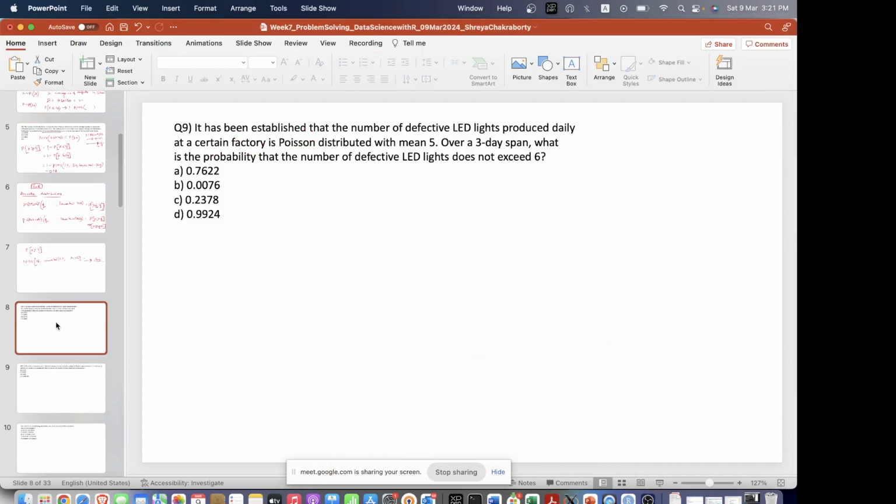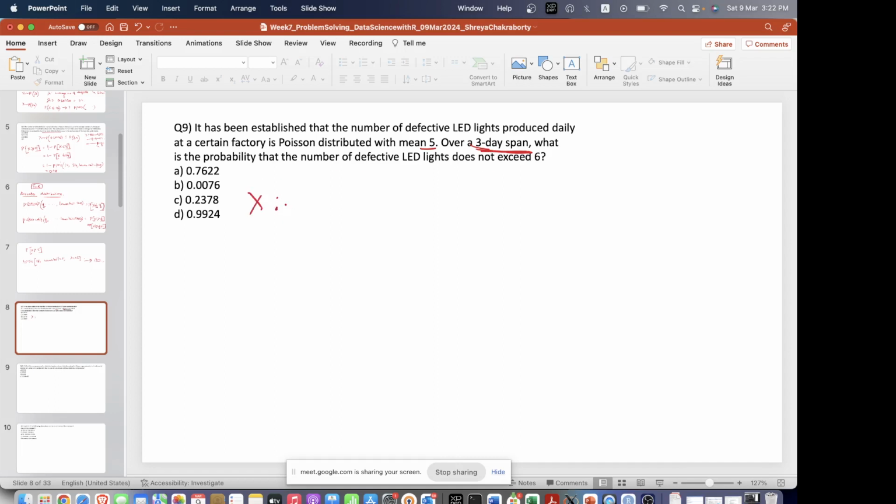Alright. So this question says that it has been established that the number of defective LEDs produced daily is Poisson distributed with mean 5. Over a 3-day span, what is the probability that the number of defective LED lights does not exceed 6? So here again we have to consider a 3-day span.